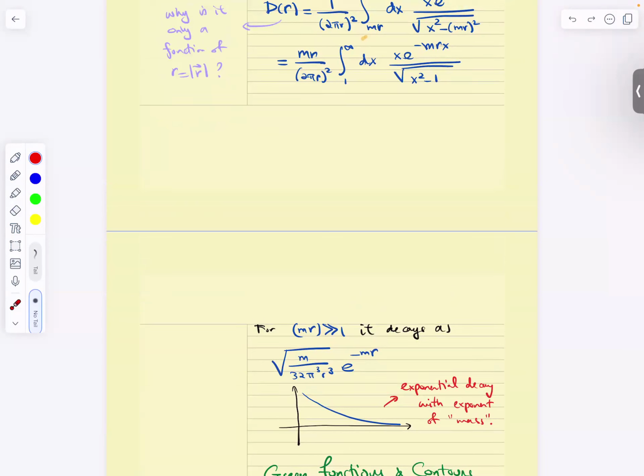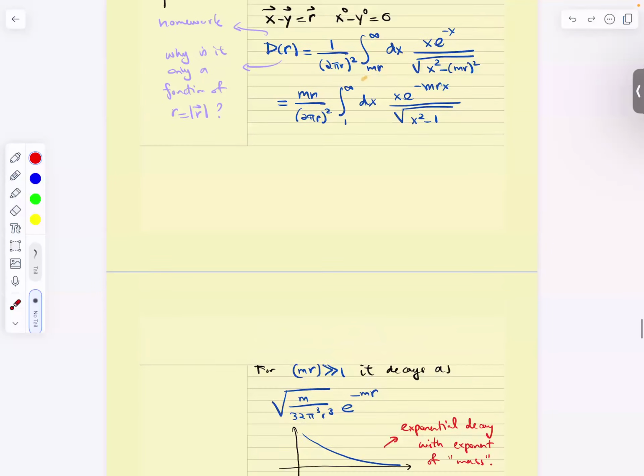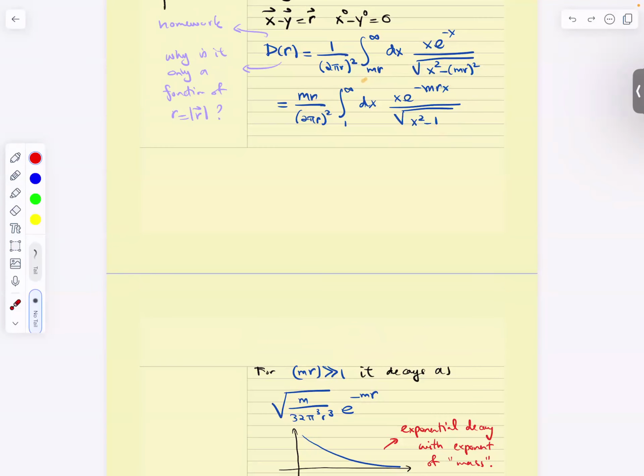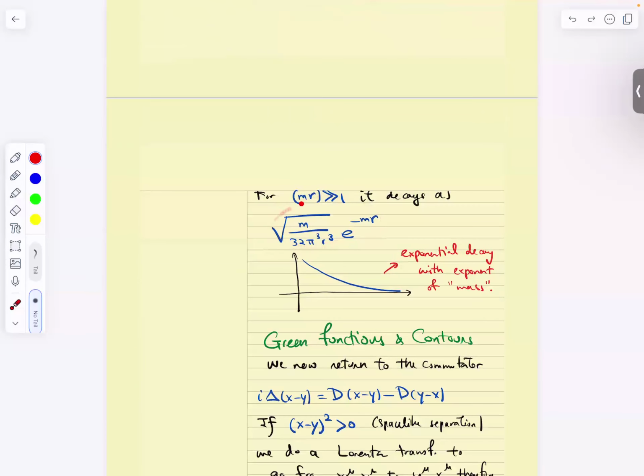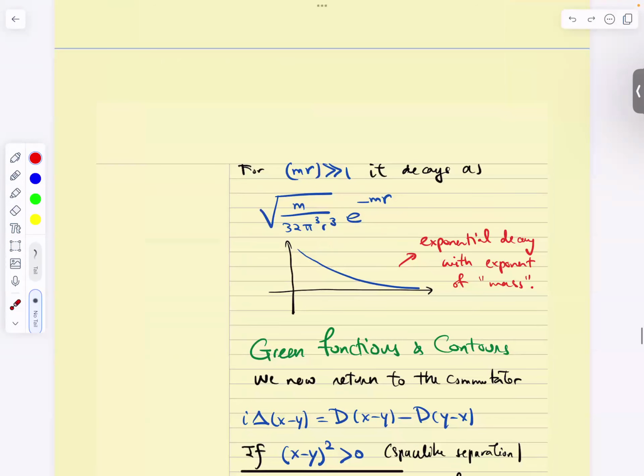Similarly, at the long distance limit, it becomes like this. By the way, this integral, you could do it explicitly. This is a known function. It becomes like this. So it's m over r to the power q, e to minus mr.